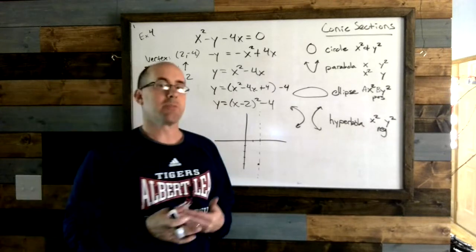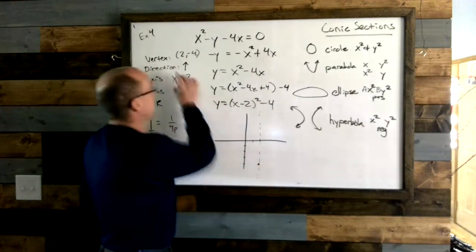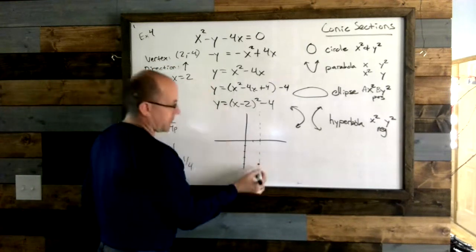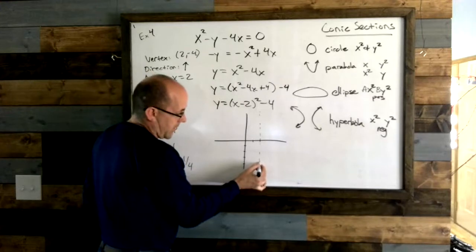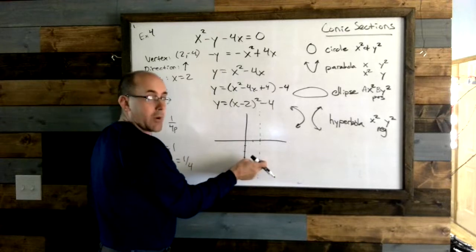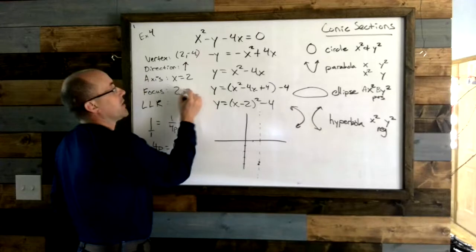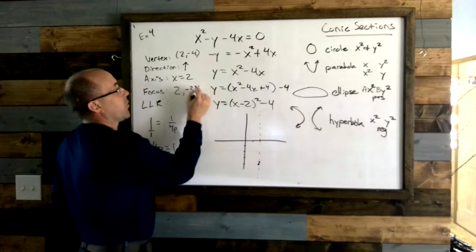What that tells me is I move a fourth of a unit in the direction, so it's up. I was at 2, negative 4, so if I move up a fourth, I'm going to be at 2, negative 3 and 3/4.